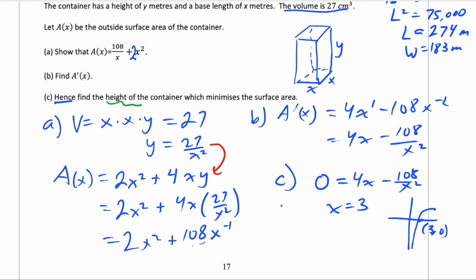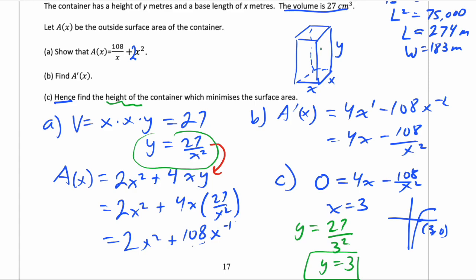So if you want the height of the container, we have y equals 27 over x squared, so we'll use that. 27 over 3 squared, so y also equals 3. So in this case, x is 3 and y is 3. It would actually be a cube. A cube minimizes the surface area.